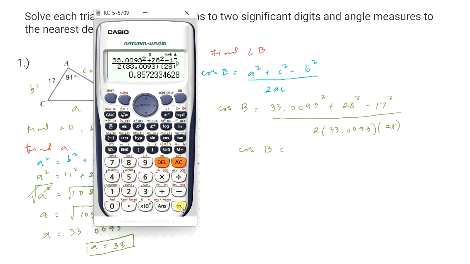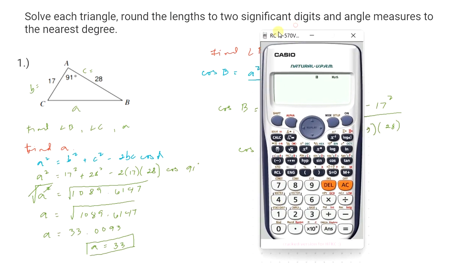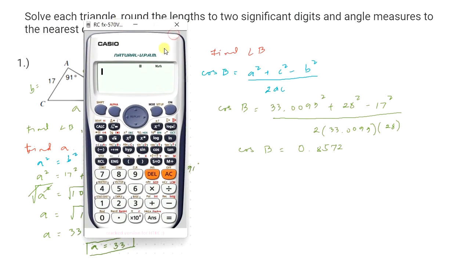Close that. And that is equal to 0.8572. Again, I will just get my value in 4 decimal places so that we are closer to our value.